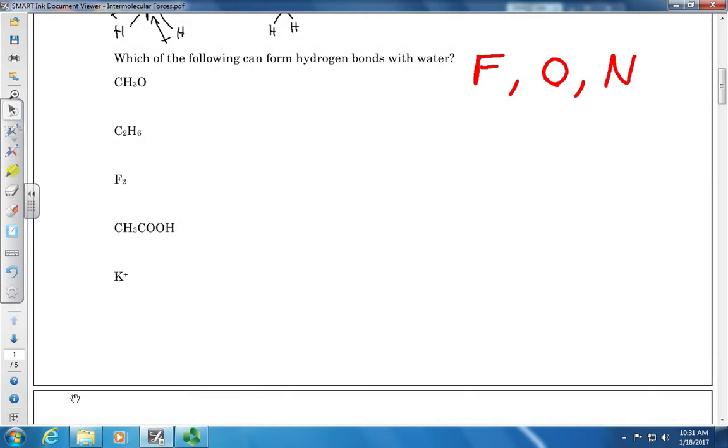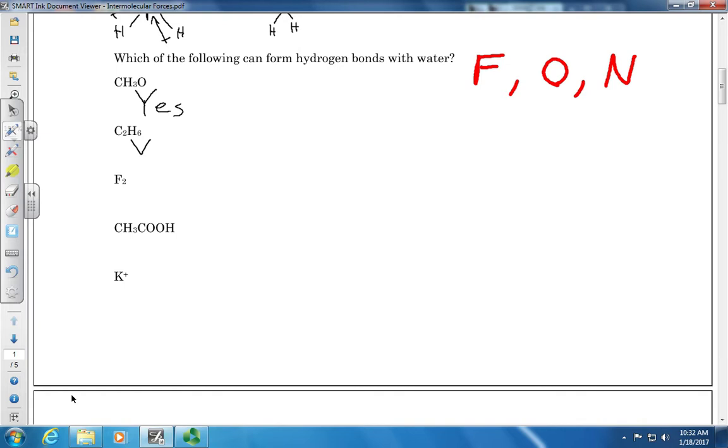So going down the list, all we have to do is identify: do we have oxygen, do we have fluorine, do we have nitrogen? Although there is a trick in this. So our first one is an obvious yes. Our second one is the trick one, because if you have this ethane, which is C2H6, and it's near water, now remember, water has the oxygen already. Ethane is supplying the hydrogen this time.